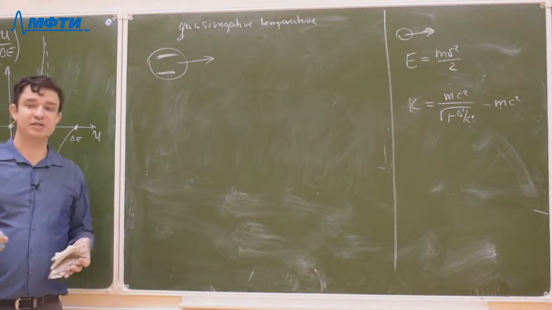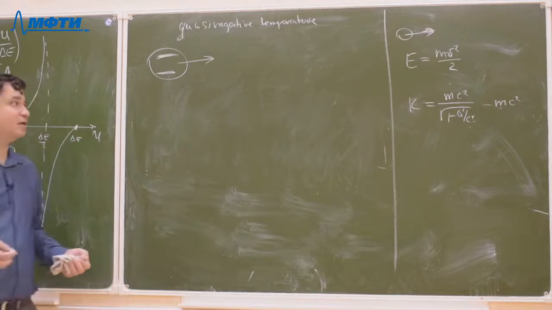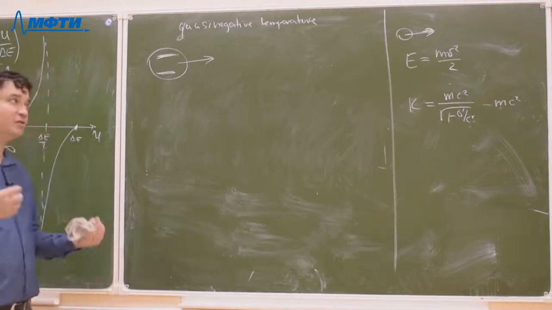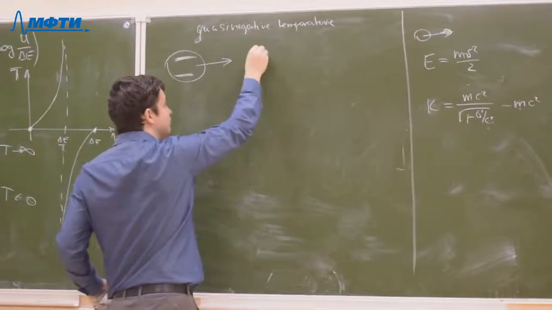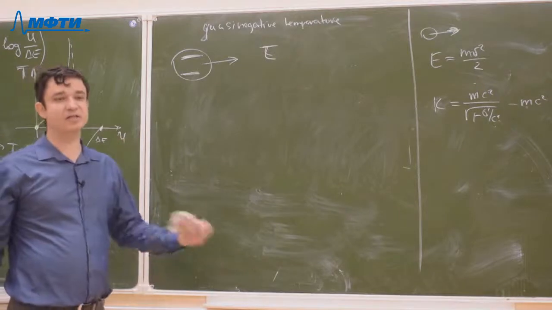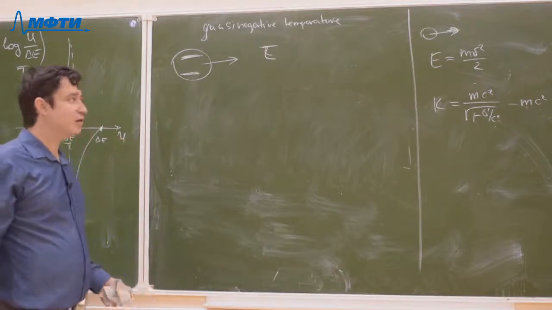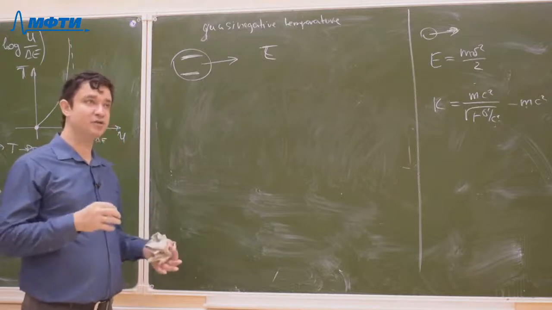But any system can be prepared in a state which is not equilibrium. And if we prepare a system in a non-equilibrium state, then after some time, which is called relaxation time, this system will get into an equilibrium state. And these relaxation times can be different for different degrees of freedom.